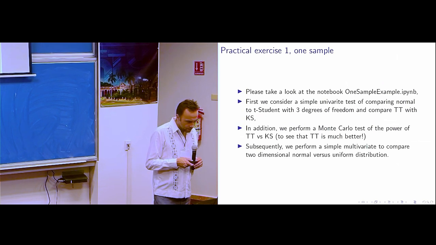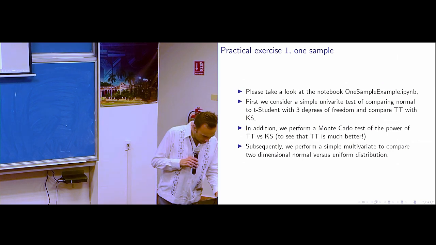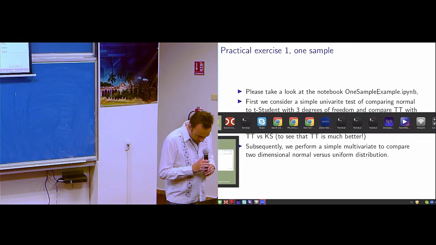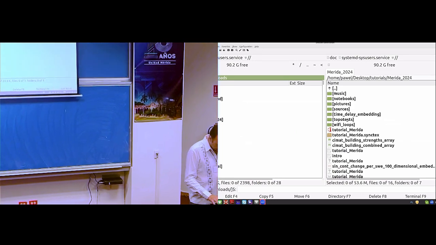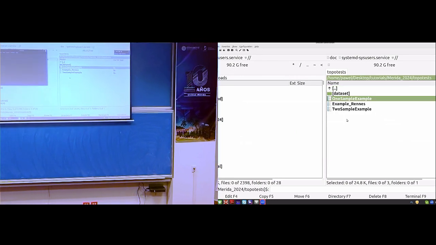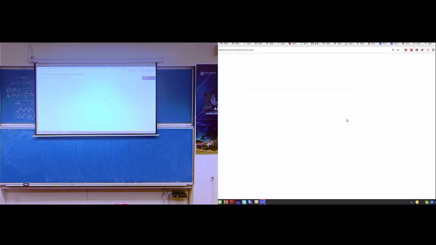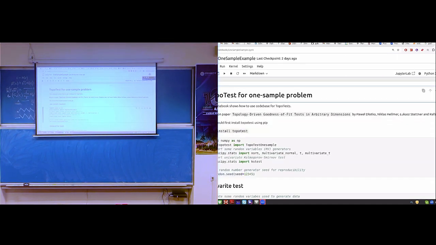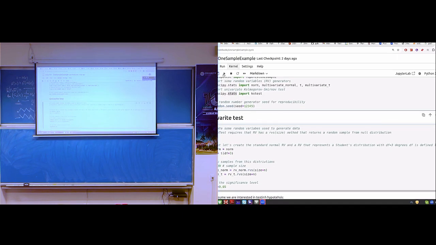And I can briefly show you some of the code. They're in different folders, and I'm sorry about the mess. Let me start with the one sample topo test. If you don't have it installed, you just put an exclamation mark, pip install topo test. Let me include the variables.